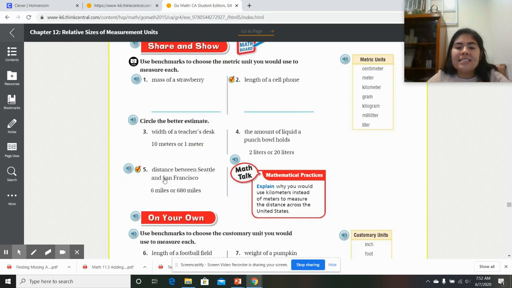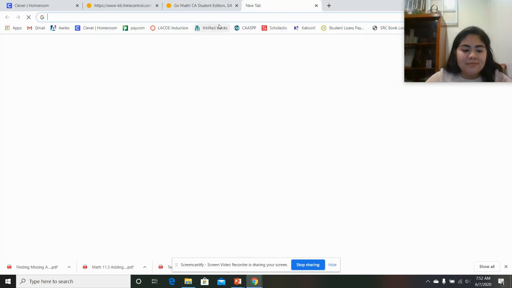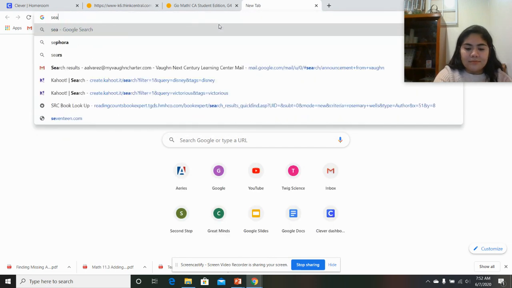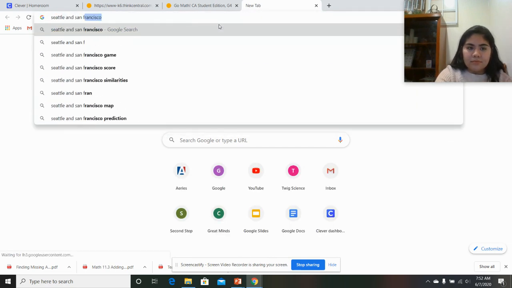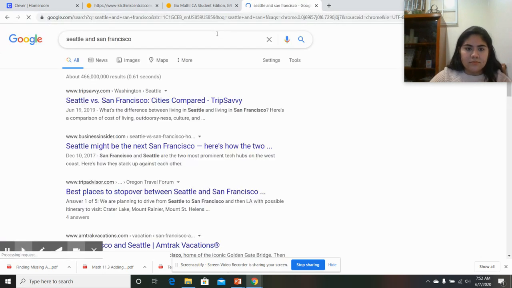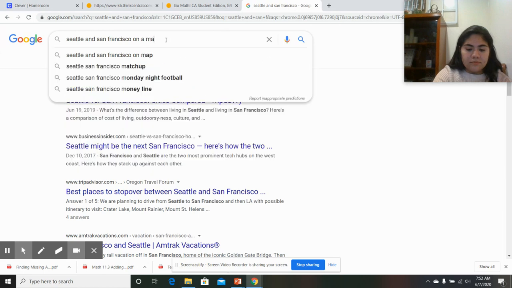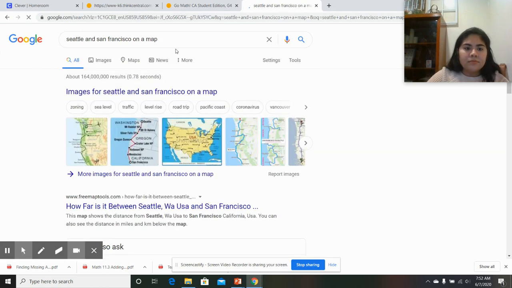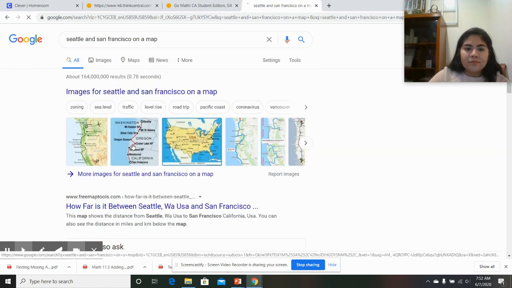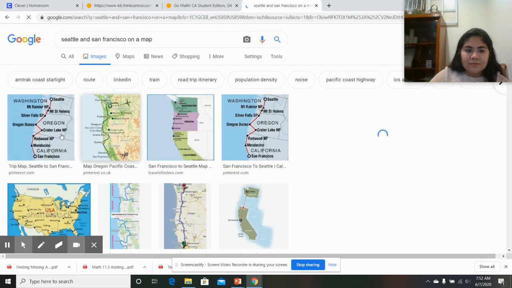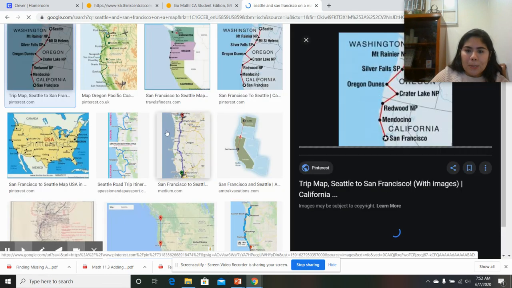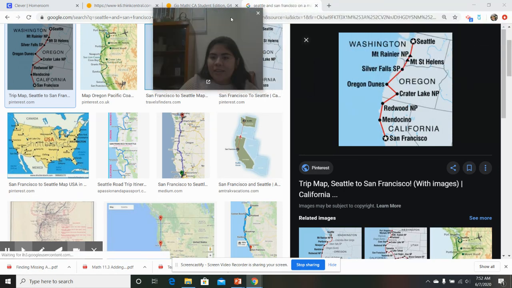And then lastly, the distance between Seattle and San Francisco. So I'm going to show you guys a map. Here, if you look here, this is San Francisco in California.